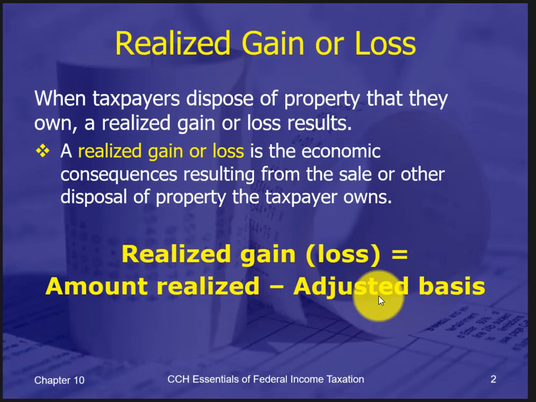Whether it actually shows up on your tax return or not is whether it's recognized. So the first thing is looking at it as realized, which means it's actually been exchanged. And second, whether or not it's recognized on the tax return as income.